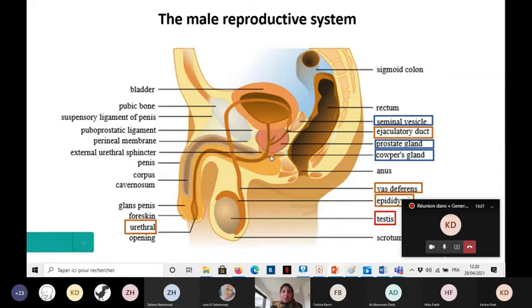This bulbourethral gland will secrete fluid that will pass through the urethra to clean it, to eliminate the acidity of the urine, so the sperm cells or the semen can pass without damaging the sperm cells.